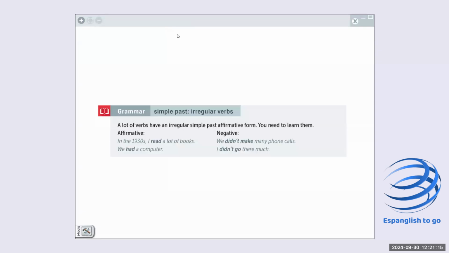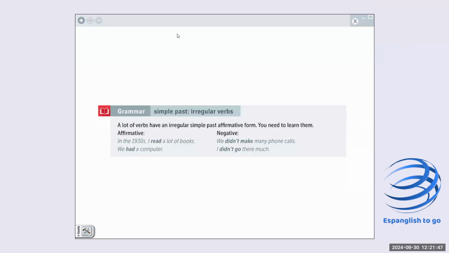Look, a lot of verbs have an irregular simple past affirmative form. You need to learn them. Affirmative. Help me read the first sentence, please. In the 1930s, I read a lot of books.